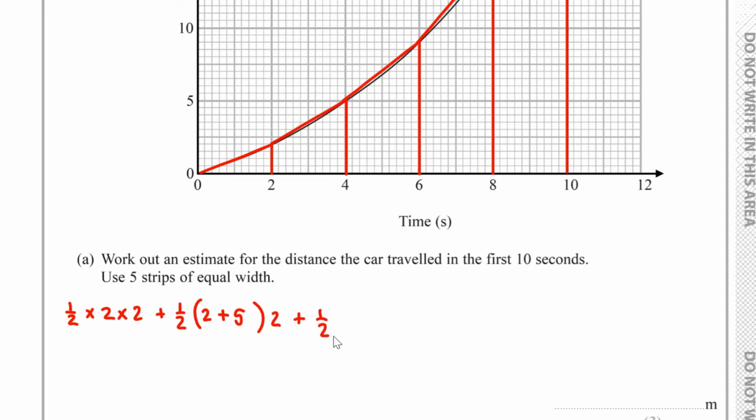And then next, we've got 5 plus 9, because again we've got a trapezium, and then we're going to multiply this by 2.